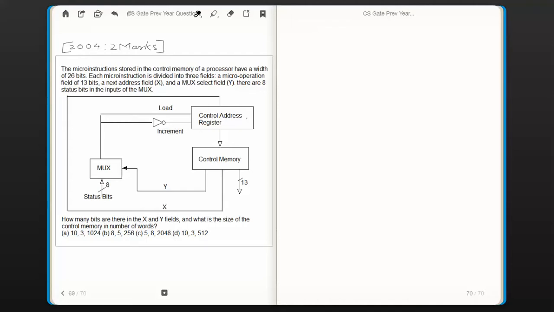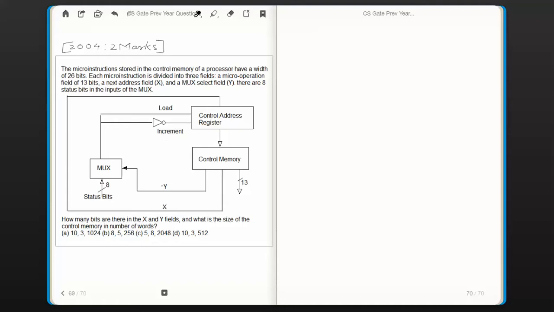That means whatever address is currently stored in the control address register would be incremented to give us the address of the next micro instruction in the control memory, which would be just next to the current micro instruction that is executed. So this is the diagram.